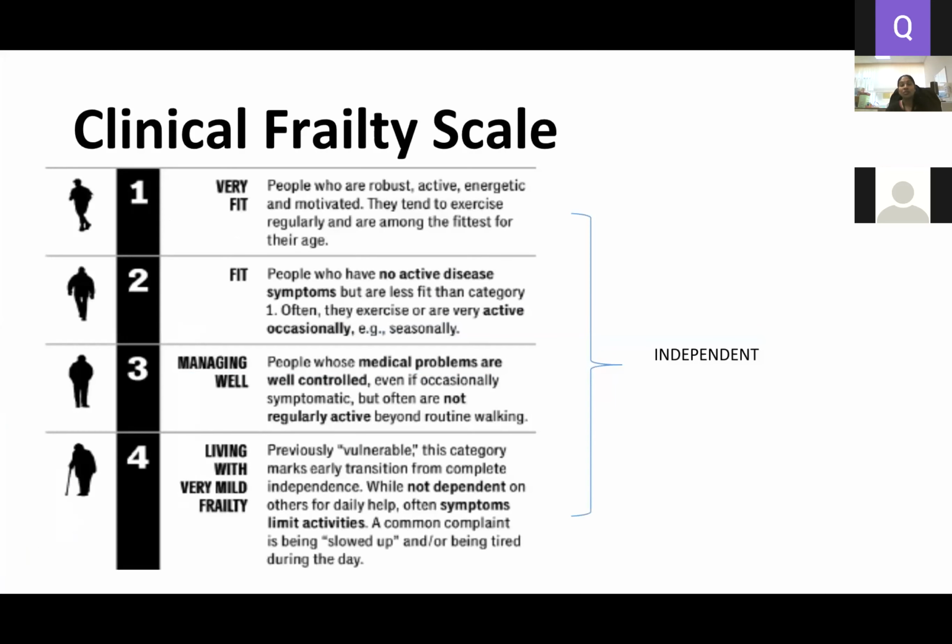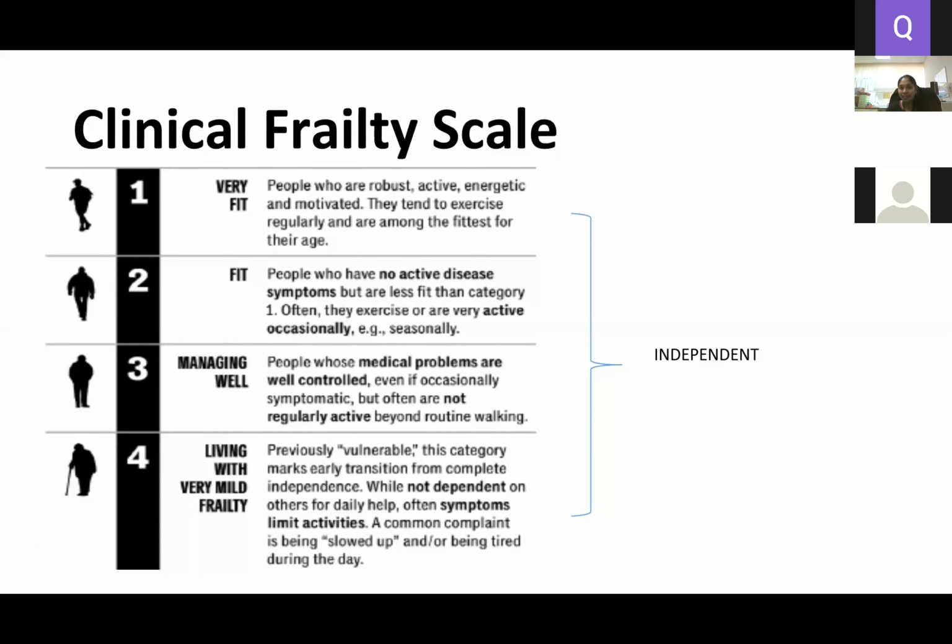Right? So this is the tool, the Clinical Frailty Scale. This is version 2, recently released, I think in September this year. It has 9 stages, so it's easier to classify them as 1 to 4, 5, 6, 7, and 8 and 9. Okay. So 1 to 4, they are independent.